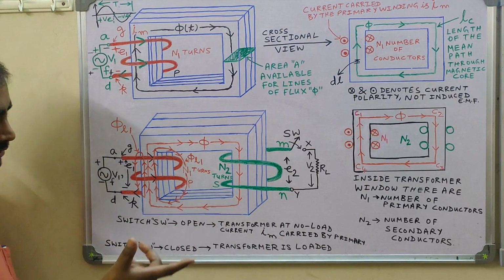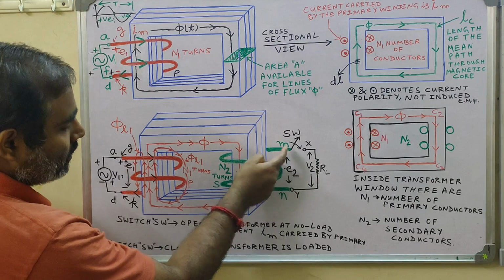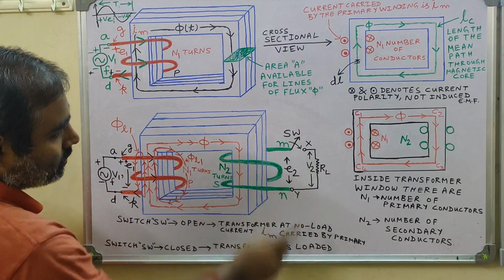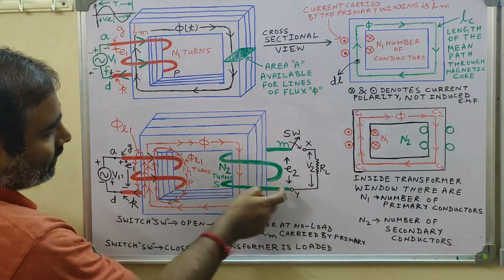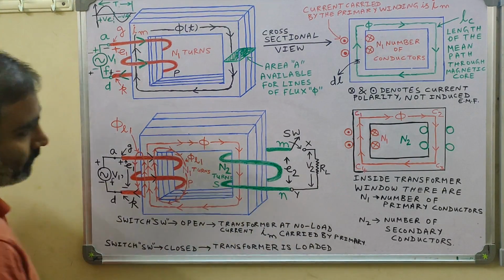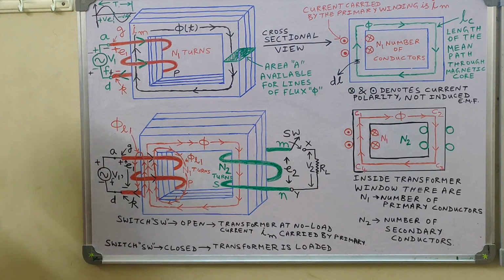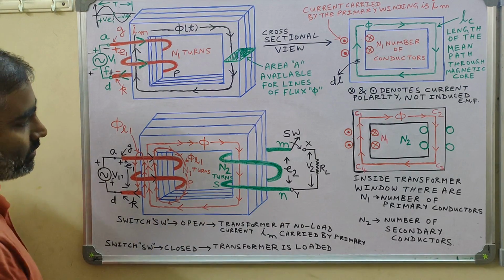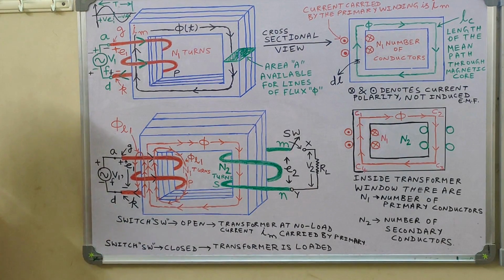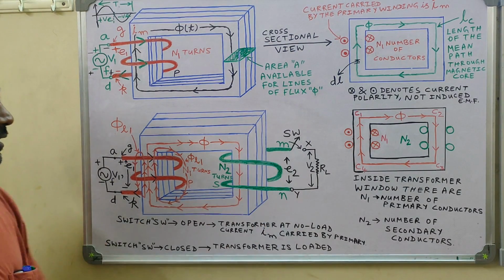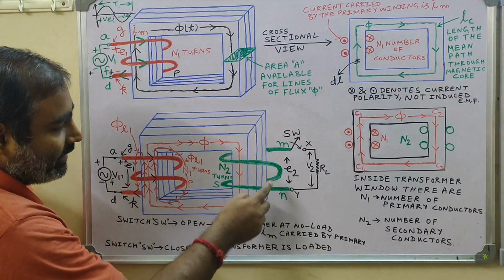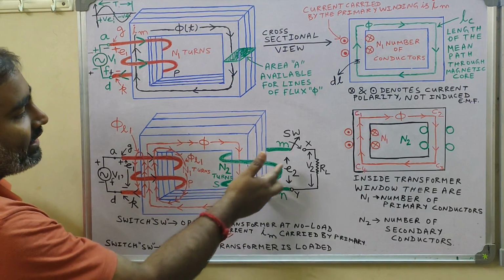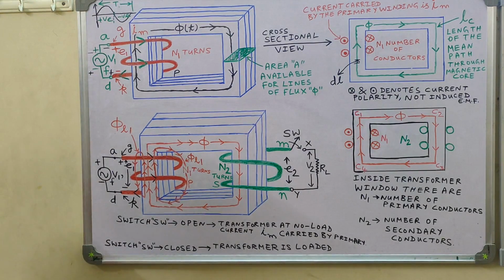You can look at this diagram. SW is nothing but the switch. So if you close the switch, in that case the load is connected across the secondary coil of the transformer. However, if I do not close the switch SW, then it is as good as the no load condition of a transformer, because if you keep the switch SW open, no current can flow through the secondary winding, and if there is no current flowing through the secondary winding, that means the secondary winding is not able to deliver any power to the load.